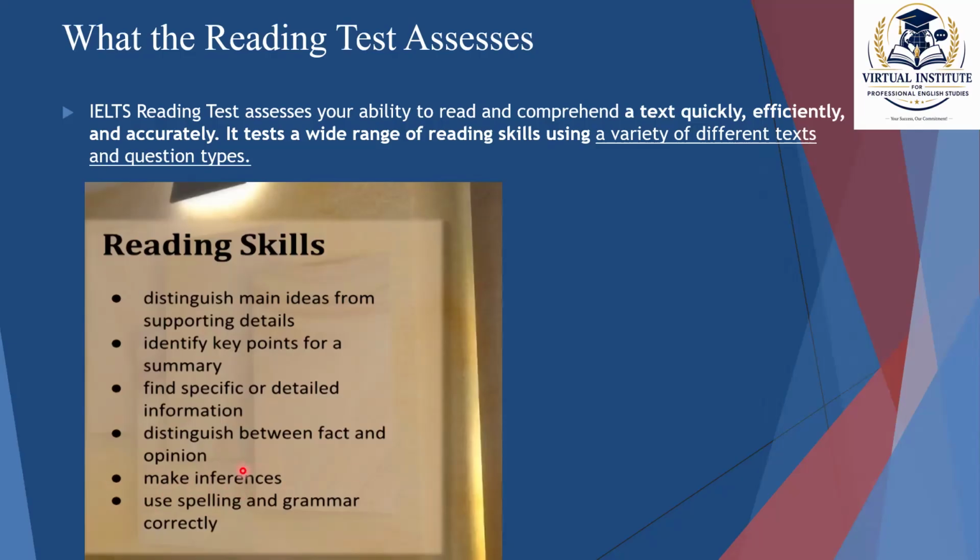We are going to discuss it in the coming slides, right? Similarly, you should be able to use spelling and grammar correctly. If you can spell correctly and use your grammar correctly, it means that you will easily do your job of answering all the 40 questions correctly.